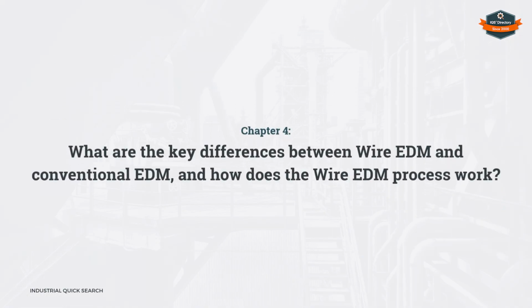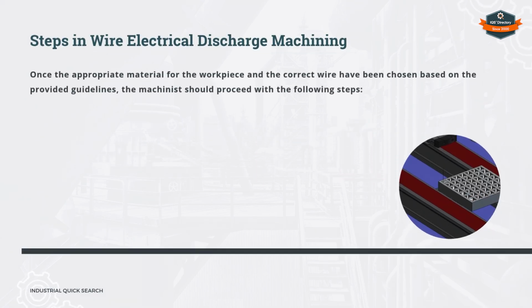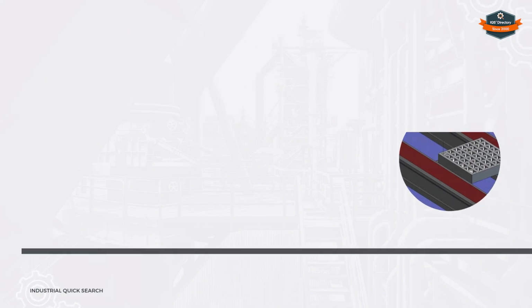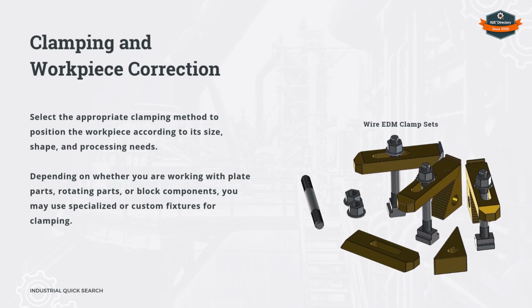Chapter 4. What are the key differences between wire EDM and conventional EDM, and how does the wire EDM process work? Steps in wire electrical discharge machining. Working with threaded holes, clamping, and workpiece correction.